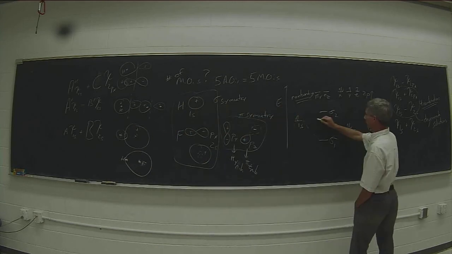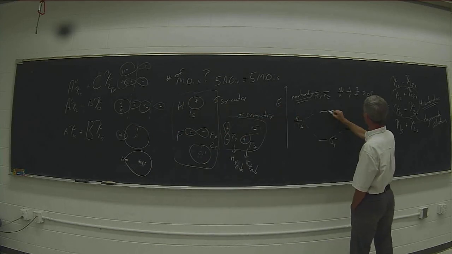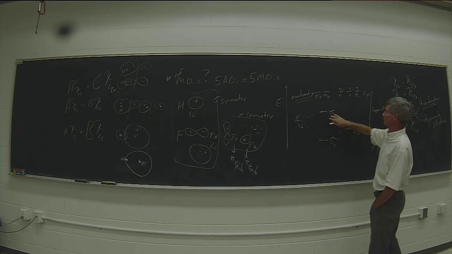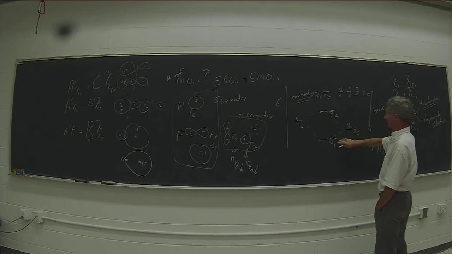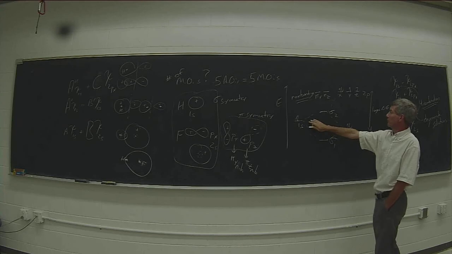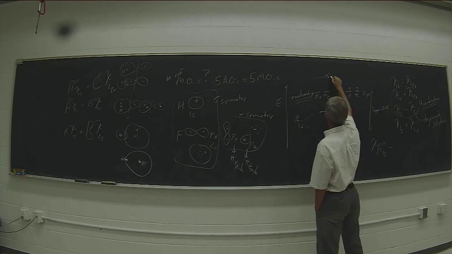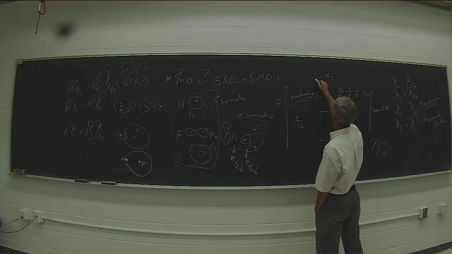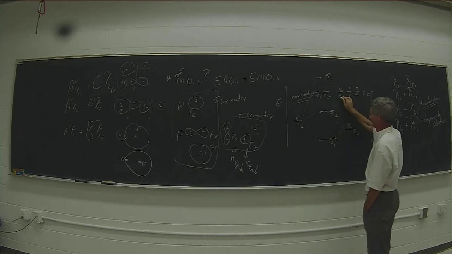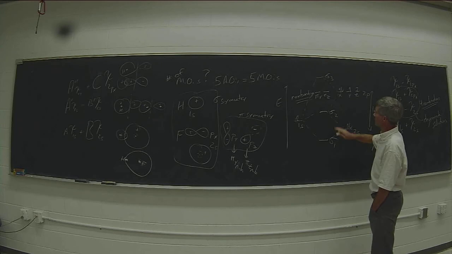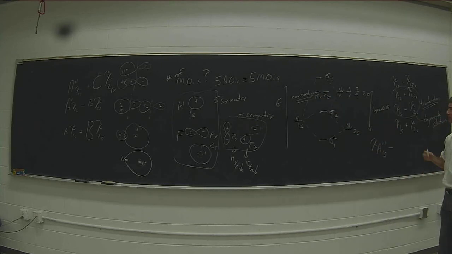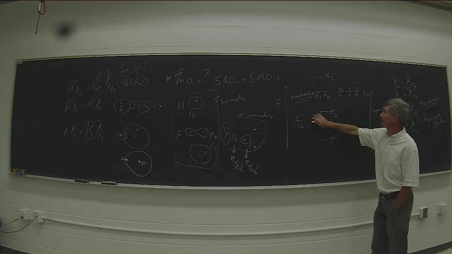Sigma 2 takes components from 3 locations, whereas sigma 1 takes most of it from here and a little bit from there, and sigma 3 takes a little bit from there, but mostly from the 2px, and none from the 2s. So sigma 2 is the only one that has lines connecting with all 3.